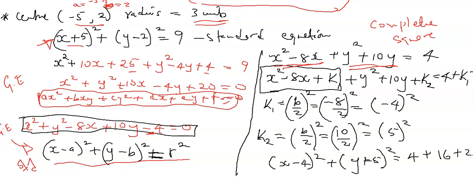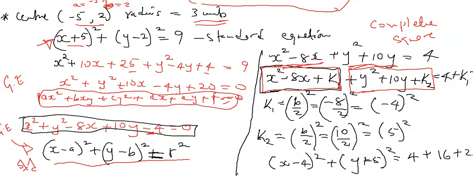So for x squared minus 8x, we add a k1, and for y squared plus 10y, we add another k2, such that we complete the square for y squared plus 10y, and we complete this other square, x squared minus 8x.